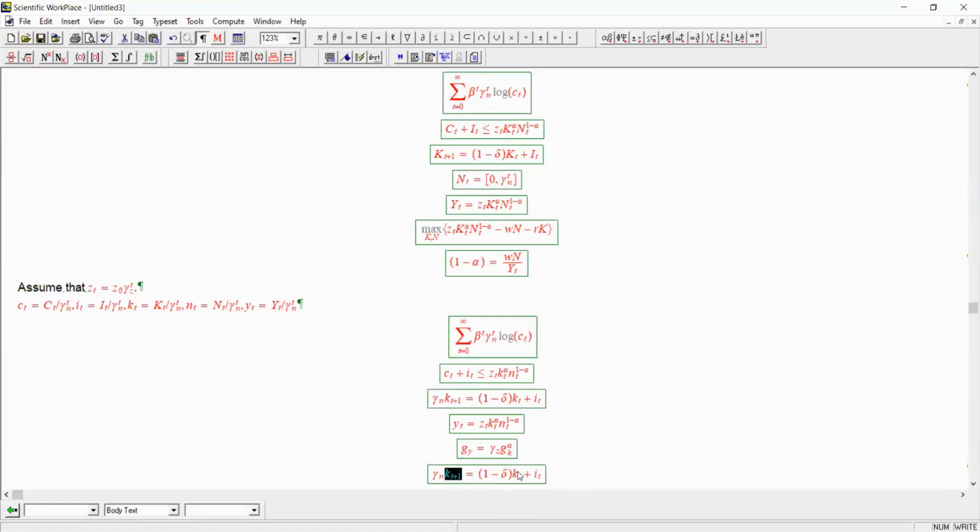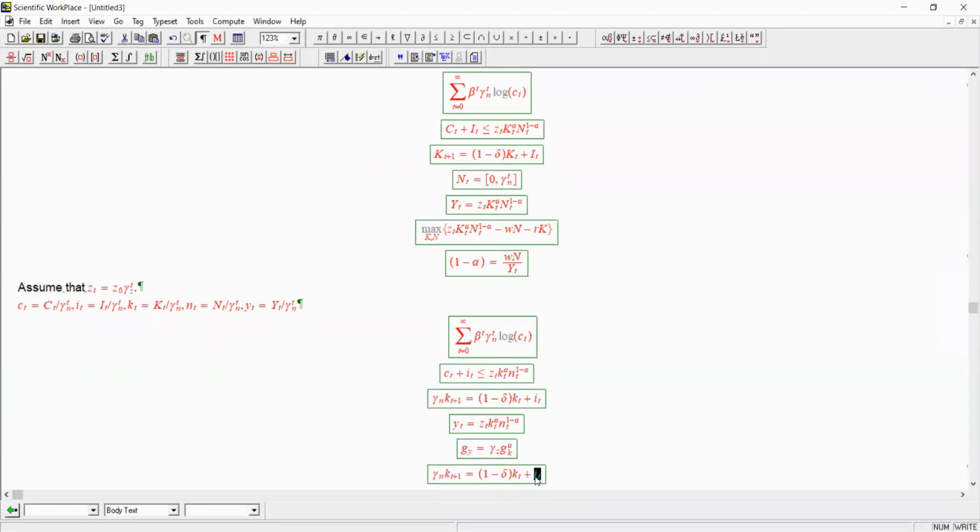Now, since these two things, capital on a balanced growth path, must grow at some rate, they must of course grow at the same rate. In order for this equation to hold in a balanced growth path, it means that that rate has to be the same as the growth rate of investment, which is g_y. So that means that on a balanced growth path, the growth rate of capital has to be the growth rate of investment.